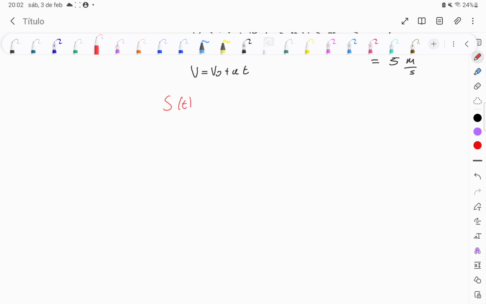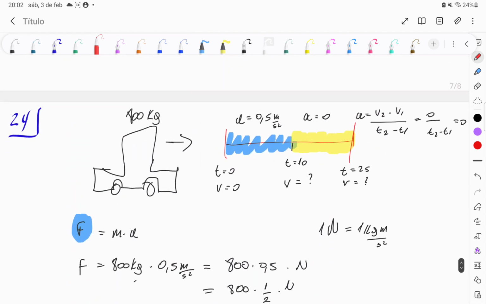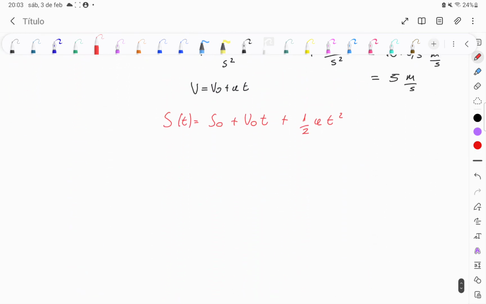El desplazamiento, depending on the time, is equal to s0 plus v0 por t más 1/2 de la aceleración por tiempo al cuadrado. We have two moments, so we need to know how much it changed in the first 10 seconds and how much it changed in the second part. So let's do s de 10.